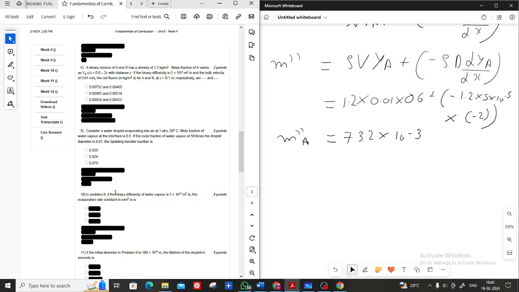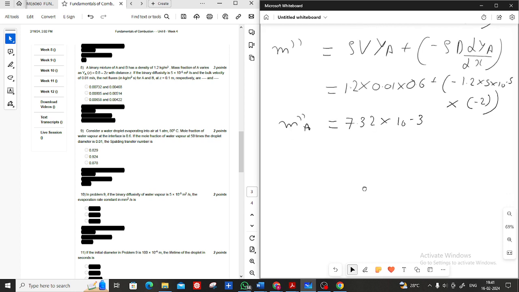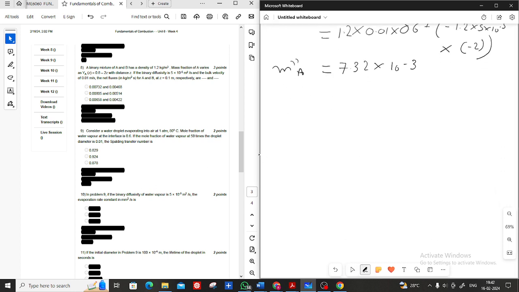Okay, mass flux of B. Just repeat the same procedure. Mass flux of B is bulk density into bulk velocity into mass fraction of B, plus minus bulk density into diffusion coefficient into dYb by dx.